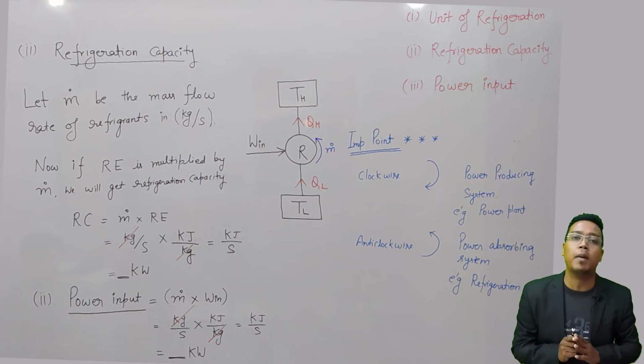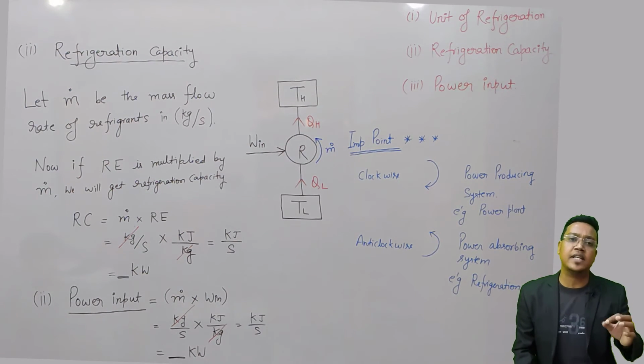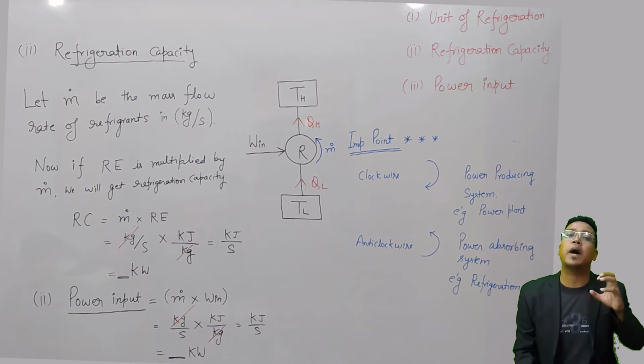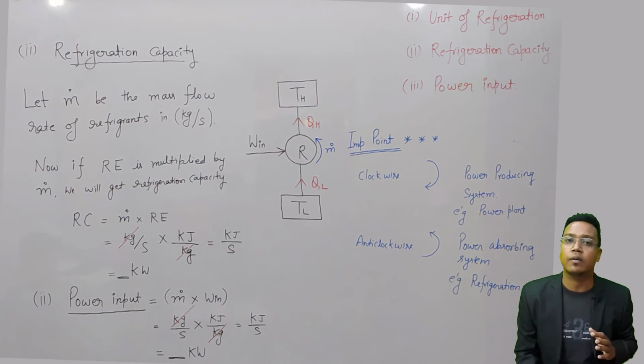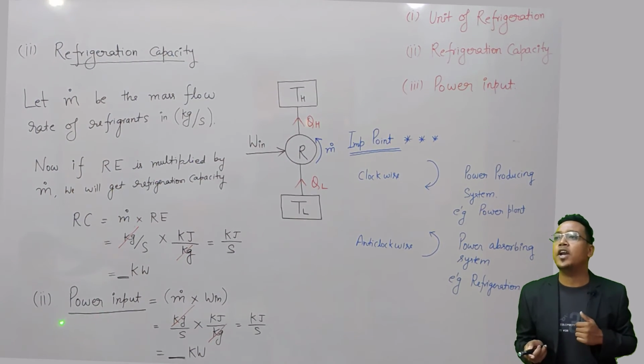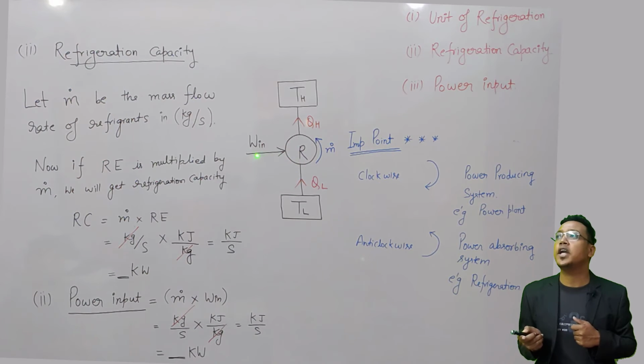You just have to remember that we are converting refrigeration effect into refrigeration capacity just by multiplying by mass flow rate. In the same way, we can get power input, because in this system there is a work input W in.